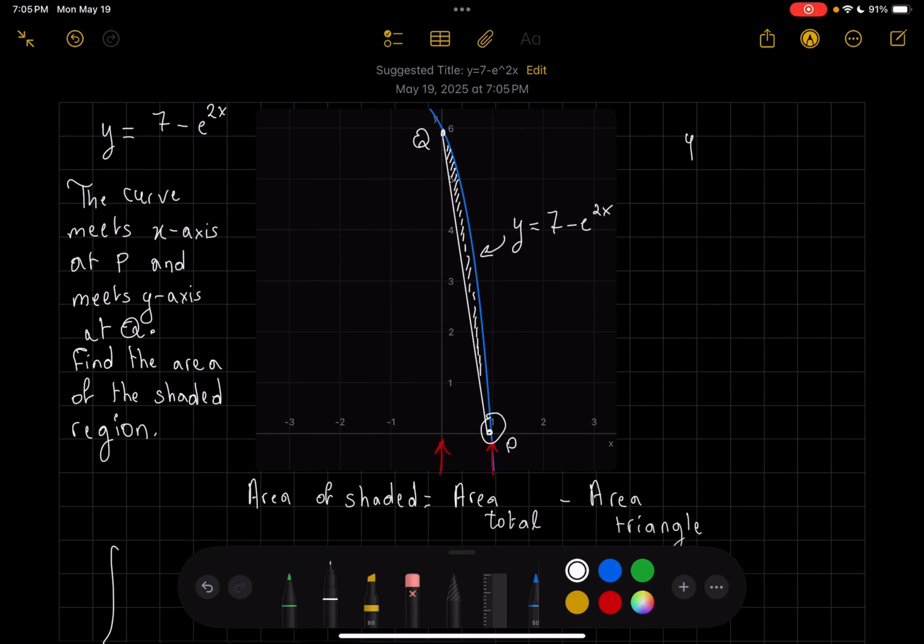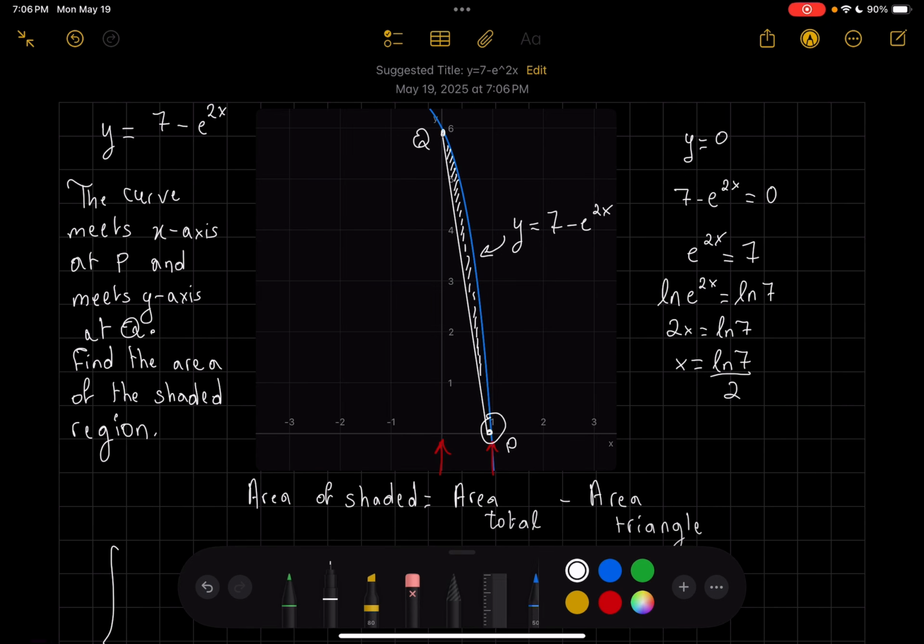So since y is equal to 0, that means 7 minus e to the power of 2x is equal to 0, which means e to the power of 2x is equal to 7. Now, taking ln on both sides, you get ln e to the power of 2x equals ln 7. So 2x is ln 7, and x is ln 7 over 2.